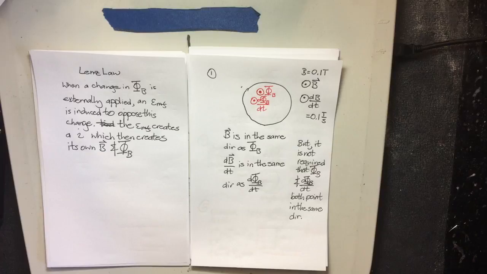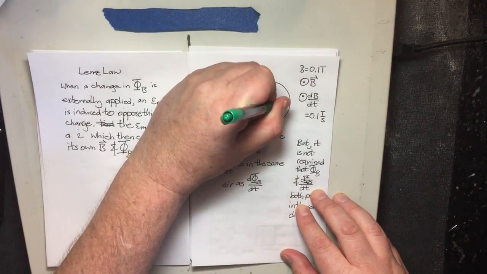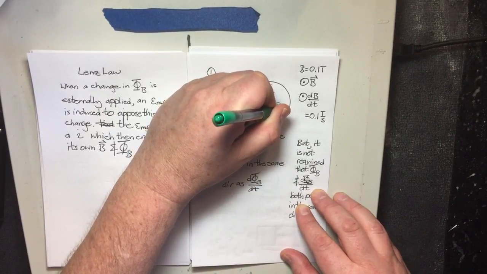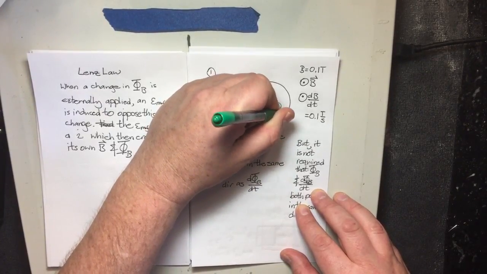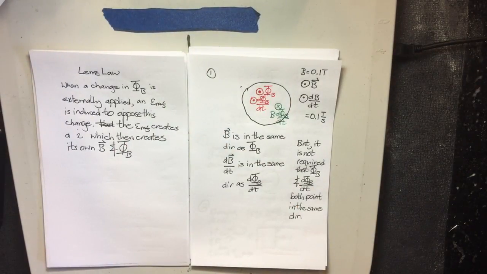So when a change in magnetic flux is externally applied, this causes an electromotive force to be created. This electromotive force causes a current to be created, which causes its own magnetic field to be created. This magnetic field, and they're both really all parallel.